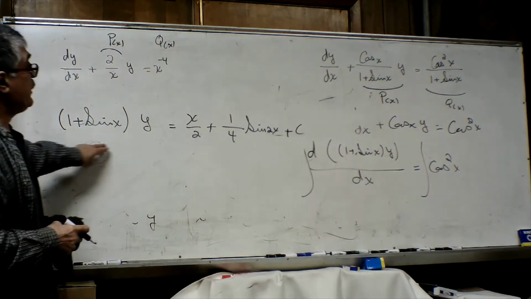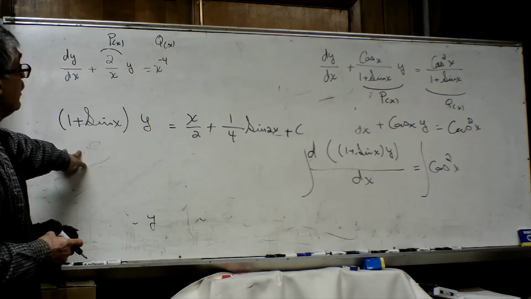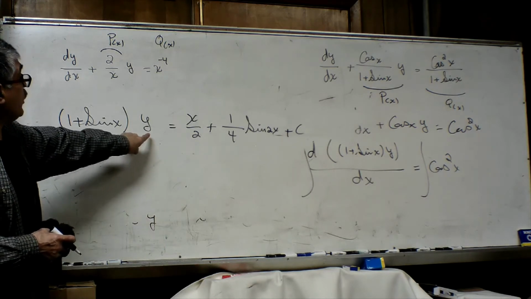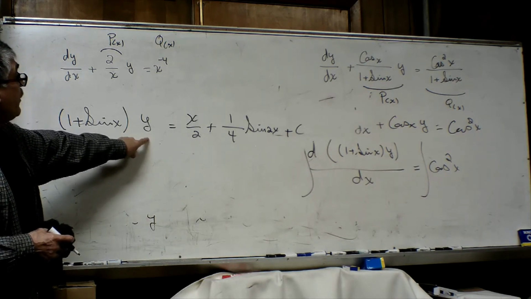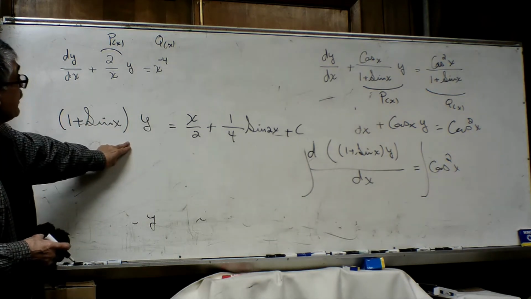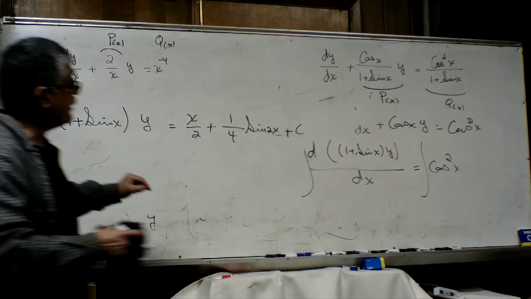So this is our third step. We took the integration of both sides. Now the fourth step, solving for y. In order for us to solve for y, we have to divide both sides of this equation by the coefficient of y, which is 1 plus sine x.